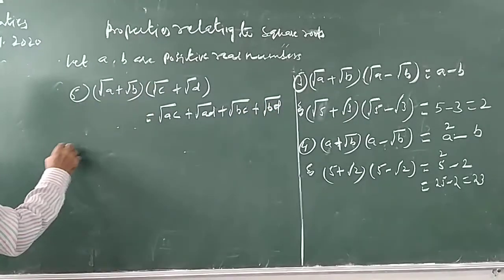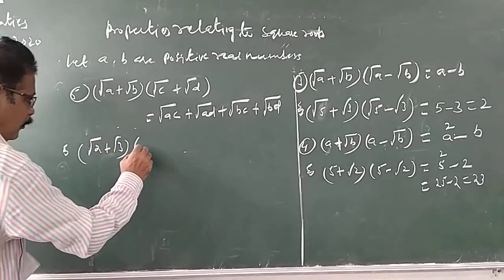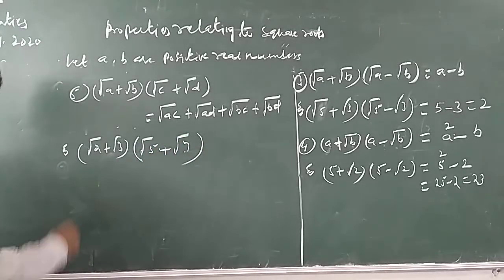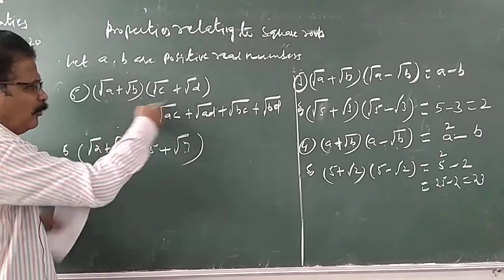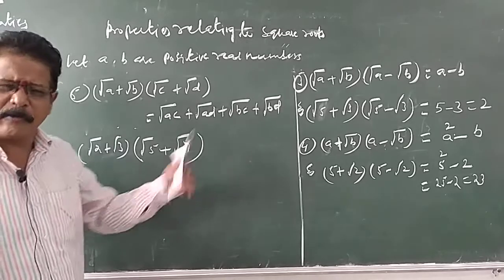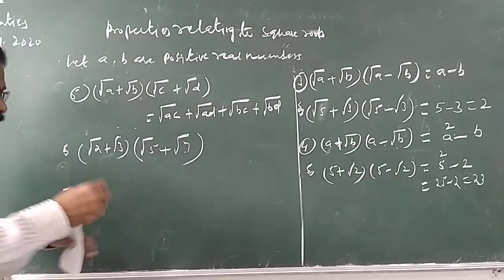Example: root 2 plus root 3 into root 5 plus root 7. These are all different, and no terms are repeated here, so we can multiply. You know how to multiply binomial with binomial, the product of two binomials, which you already learned in the 8th class.